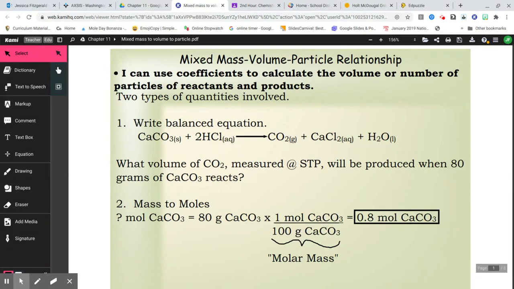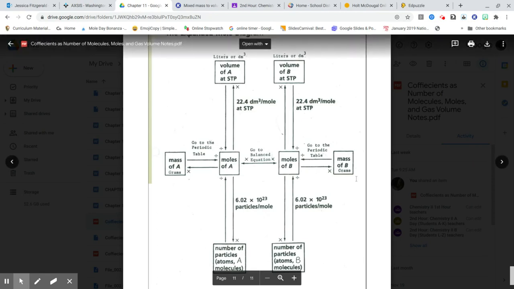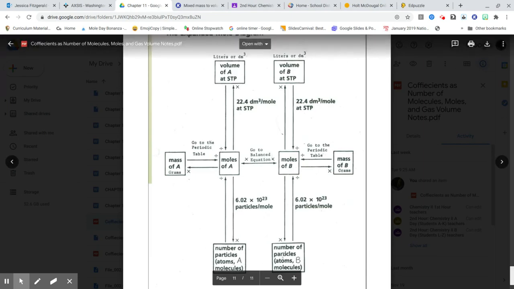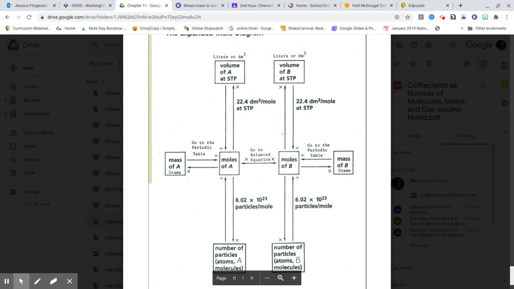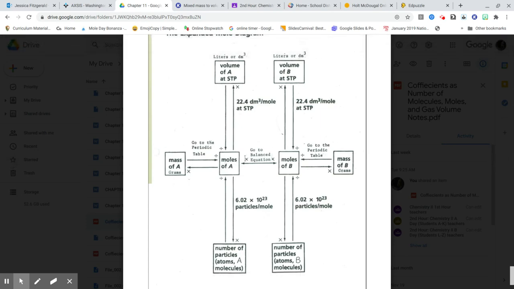So in my first example, I broke it down in the 3 steps. If we look at our double mole diagram here, again, formula units is sometimes used in place of your number of particles, atoms, or molecules. So if you want to add formula units for A and formula units for B at the bottom of your double mole diagram, you're more than welcome to. What I mean by mixed problems is that we've done the bridge with the 1 step.